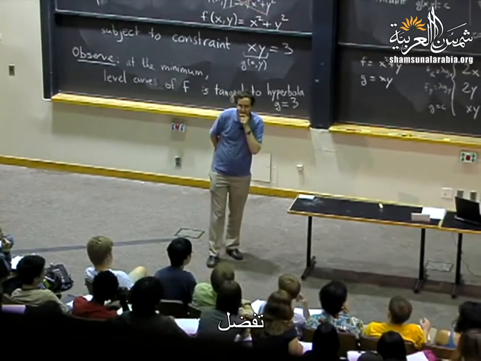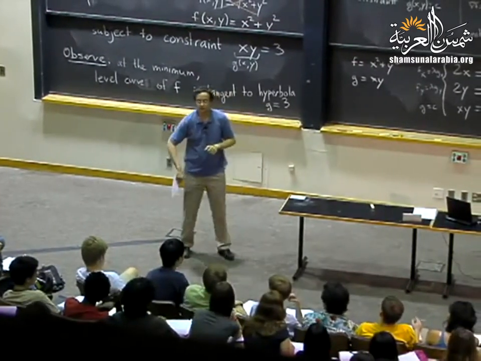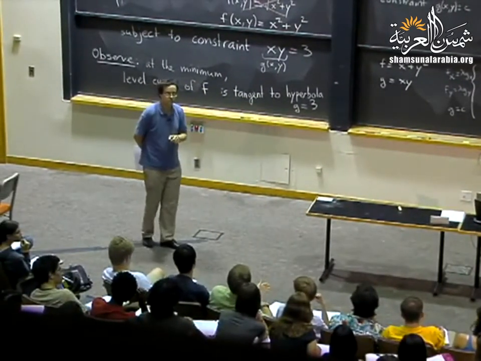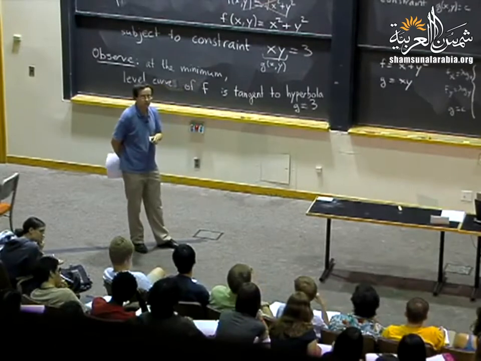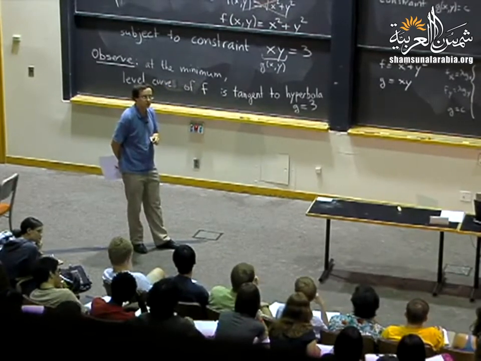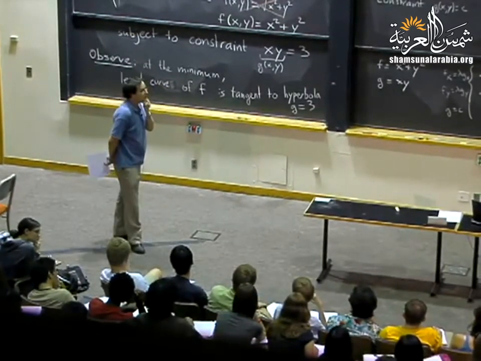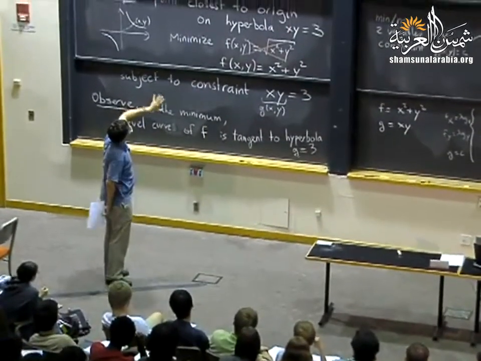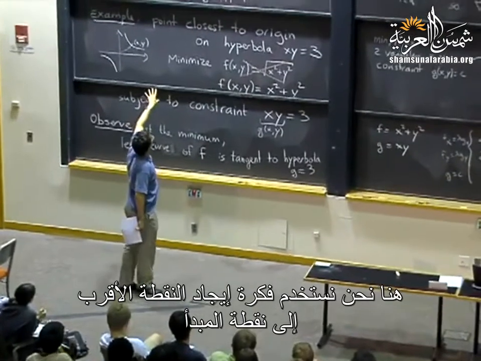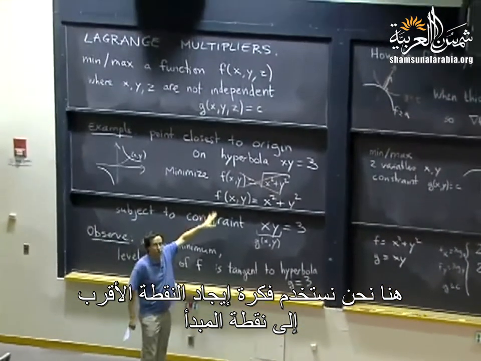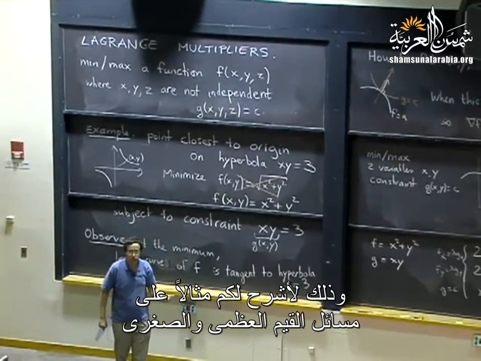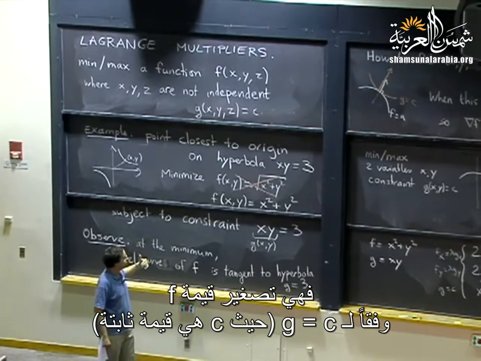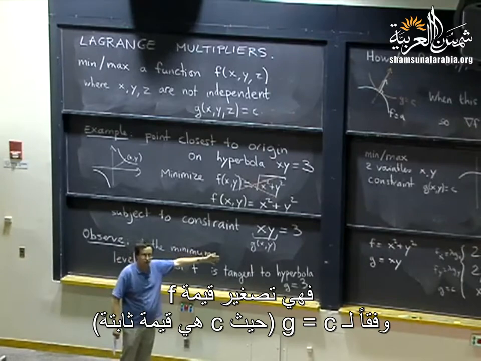Yes? Is the theory behind this procedure that we're translating the problem of finding a minimum or maximum into finding the closest distance to a point? Not quite. No, we are not. Here I'm just using this idea of finding a point closest to the origin to illustrate an example of a min-max problem. The general problem we're trying to solve is minimize f subject to g equals constant.